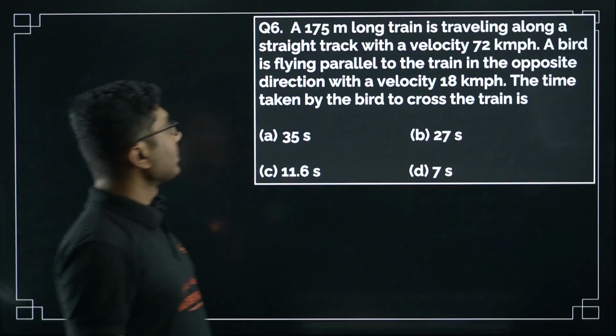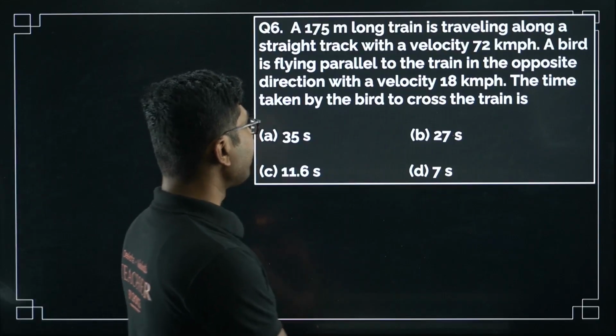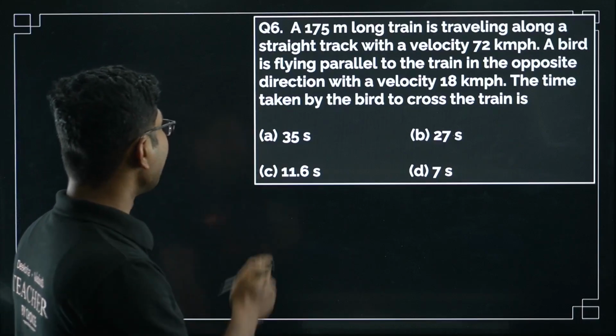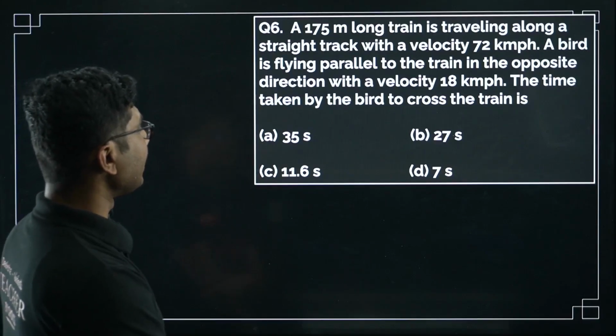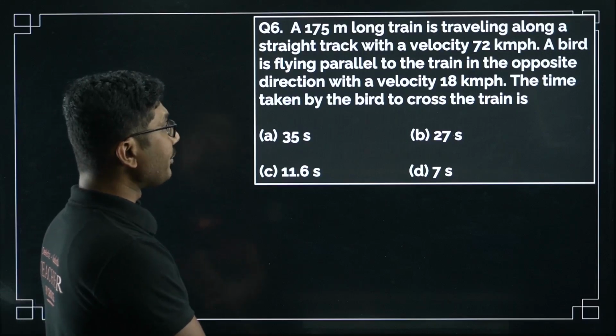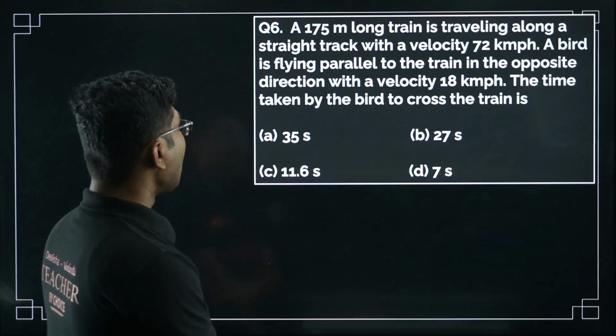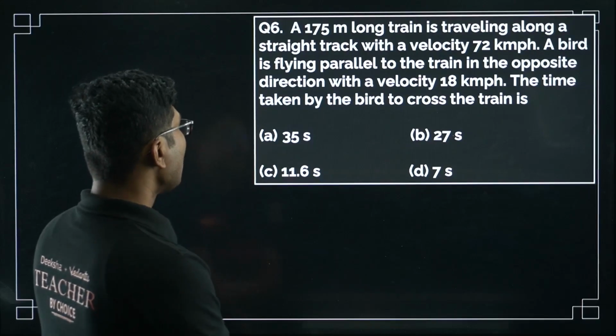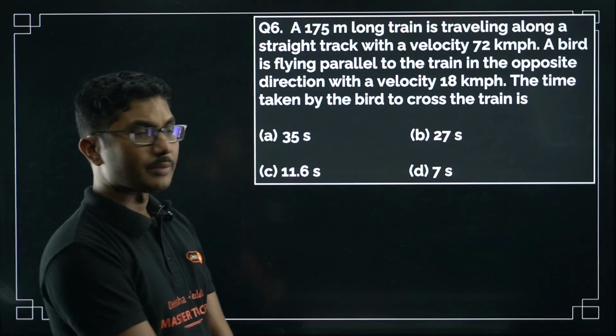Next question. A 75-meter long train is traveling along a straight track with a velocity of 72 km per hour. A bird is flying parallel to the train in the opposite direction with a velocity of 18 km per hour.